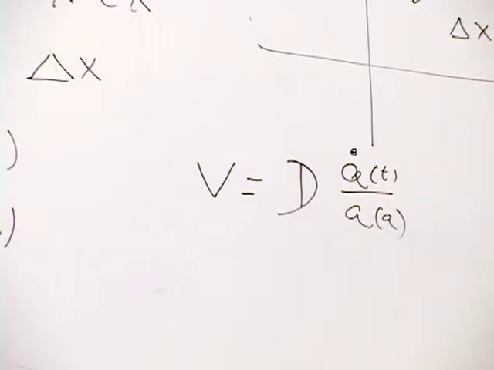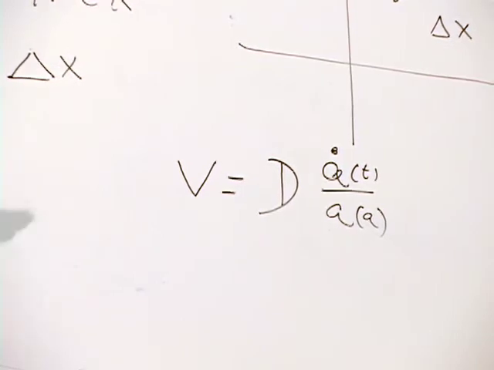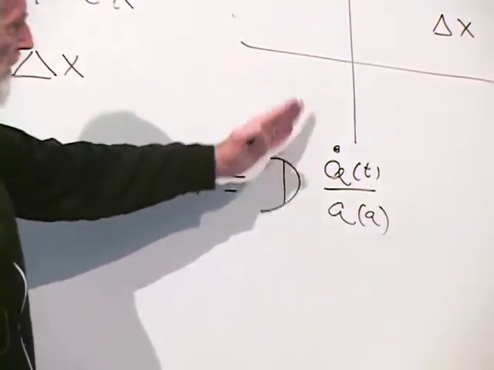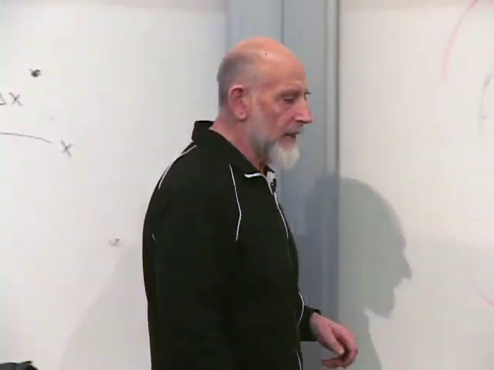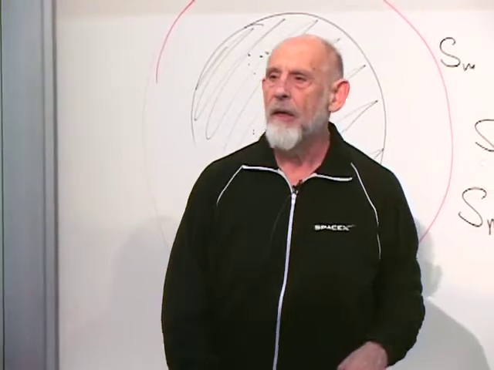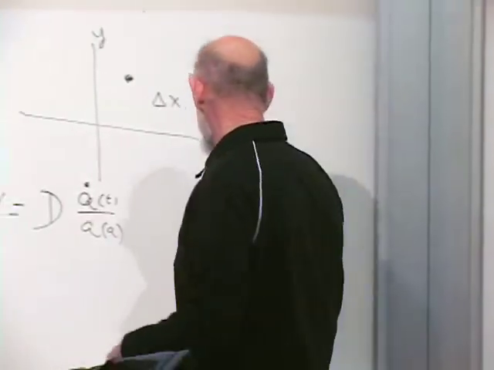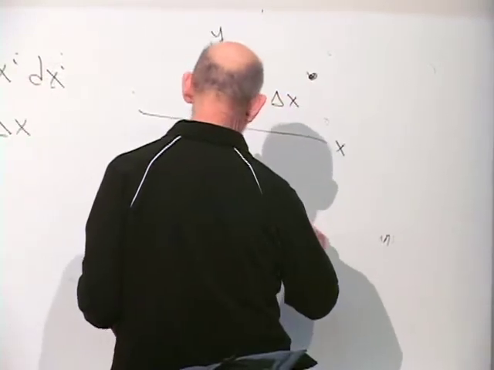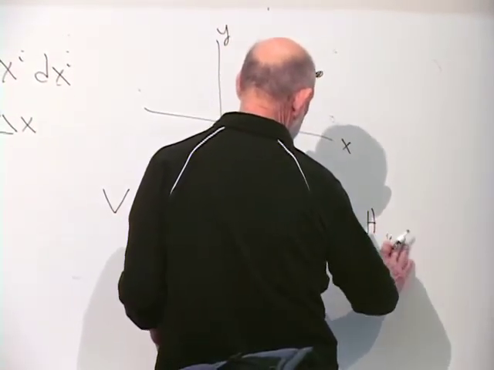Otherwise they're the same, so velocity is distance times a dot over a. Now a dot over a has a name. It's called the Hubble constant. It's called H. Velocity equals distance times Hubble constant.